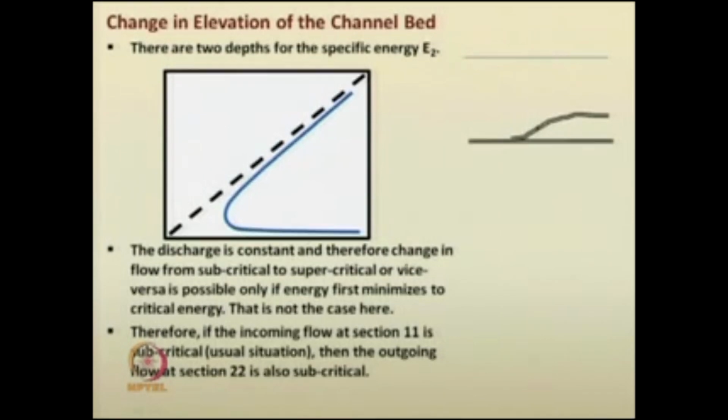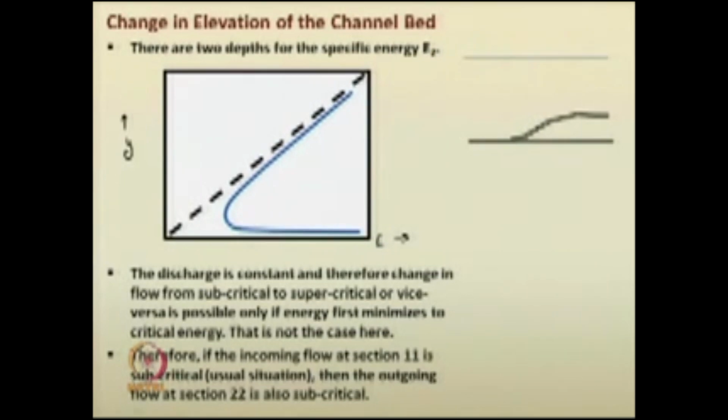So, this is specific energy, this is depth of flow like this. So, if you look into this curve, you have the minimum specific energy E c here, corresponding depth critical depth of flow y c for the given channel section.